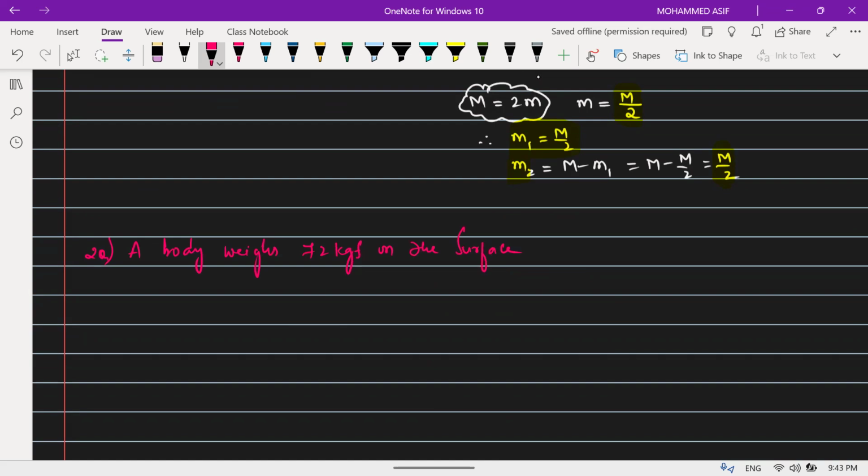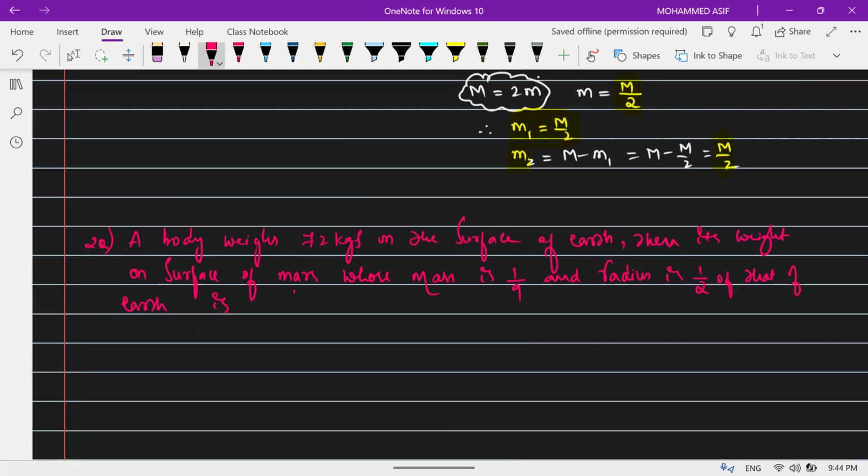Then its weight on the surface of Mars, whose mass is 1 by 9 and radius is 1 by 2 of that of earth, is what?